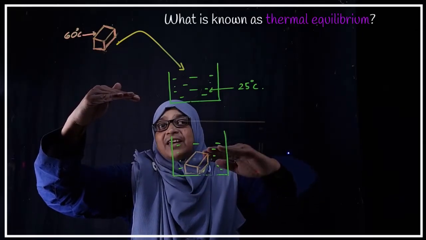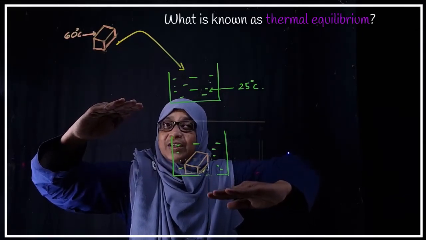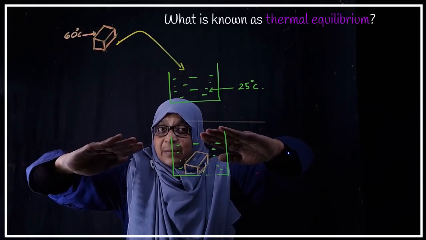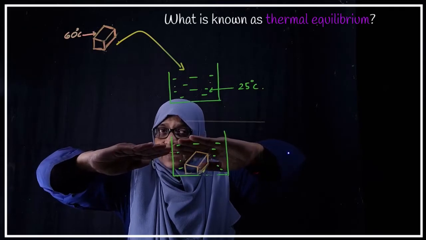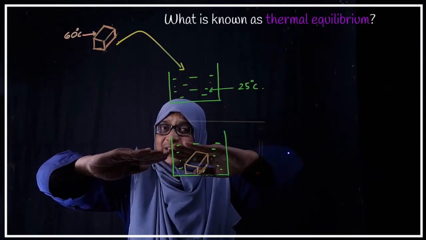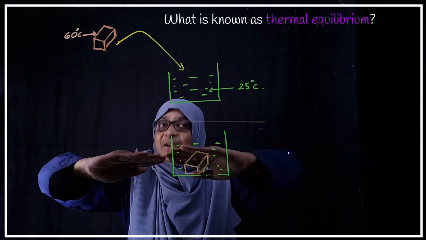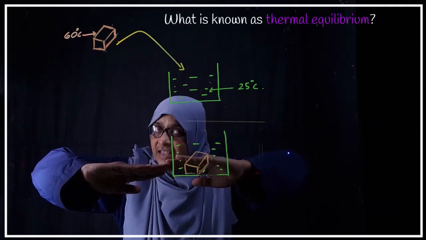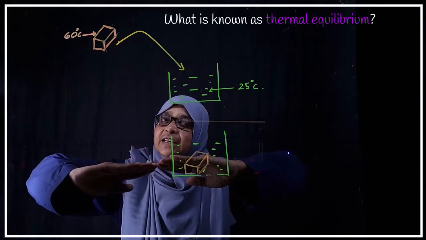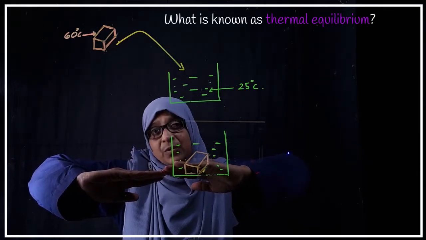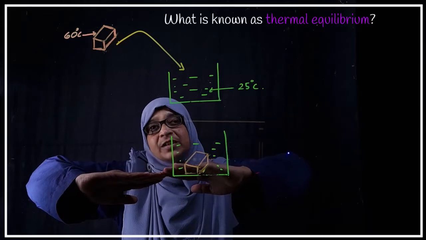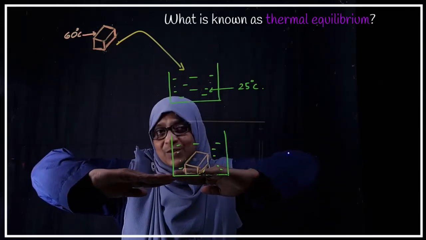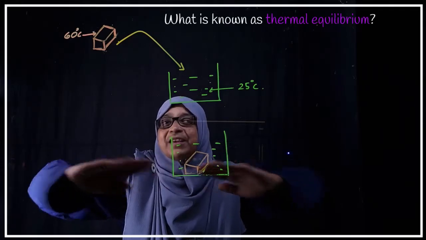When absorbing heat, the temperature of the water increases. After a while, the temperature of the metal block and the water become equal. After reaching the common temperature, heat does not flow from the metal block to water or water to metal block. This state is known as thermal equilibrium.